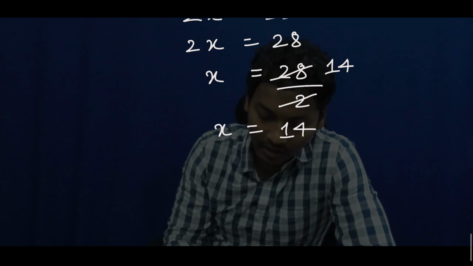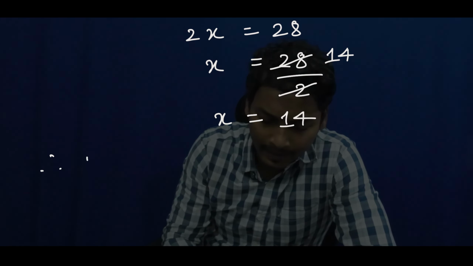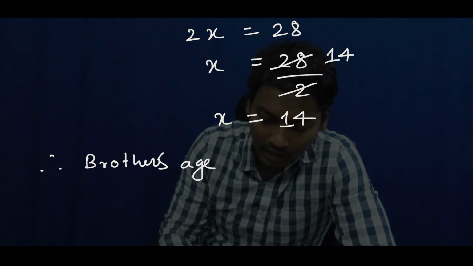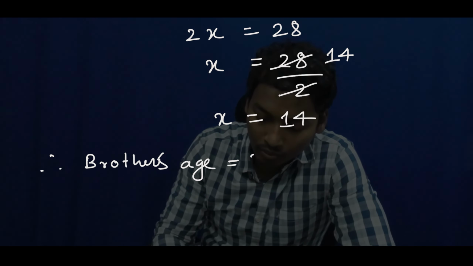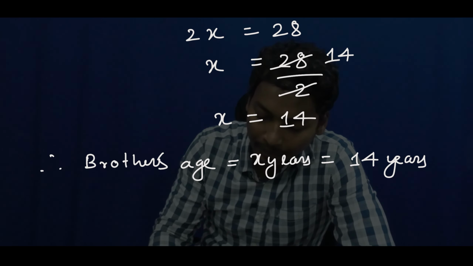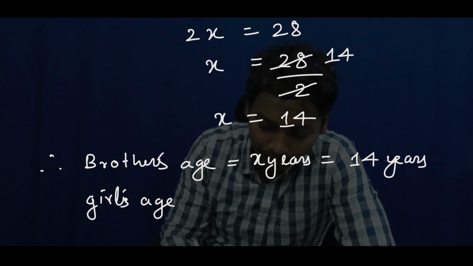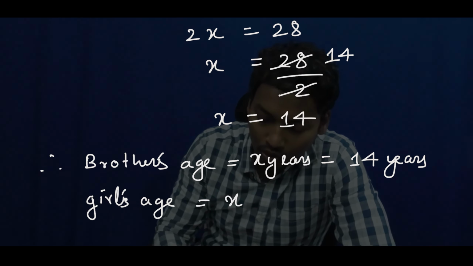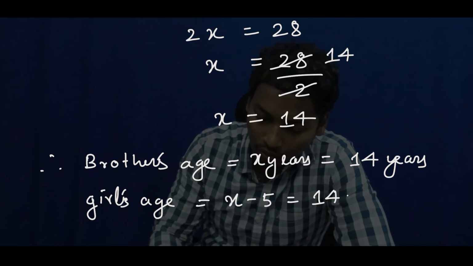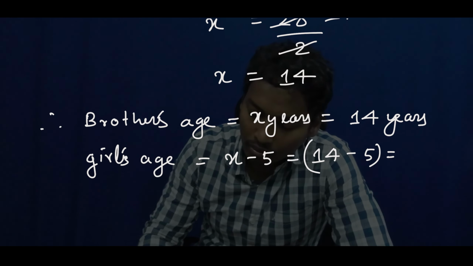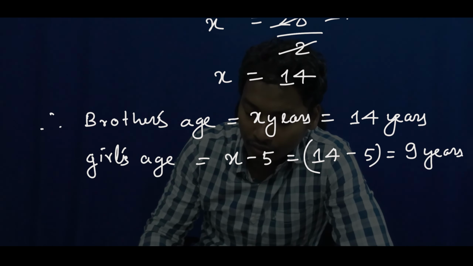So we can find, therefore, the brother's age will be equal to x years, which is equal to 14 years, and the girl's age will be equal to x minus 5, which is equal to 14 minus 5, that is equal to 9 years.